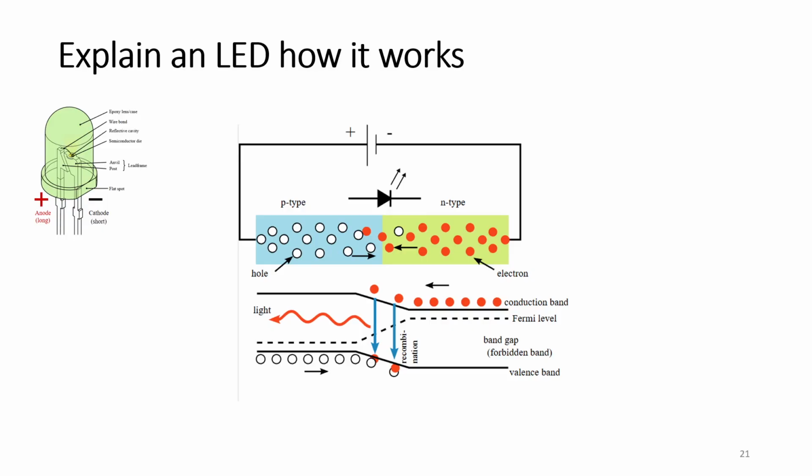So, in summary, when a forward voltage is applied to an LED, electrons and holes are injected into the junction, combine in the active region, and release energy as light due to transitions across the band gap between the conduction band and the valence band. This continuous process of carrier injection and recombination results in steady light emission, which is the fundamental operating principle of an LED.